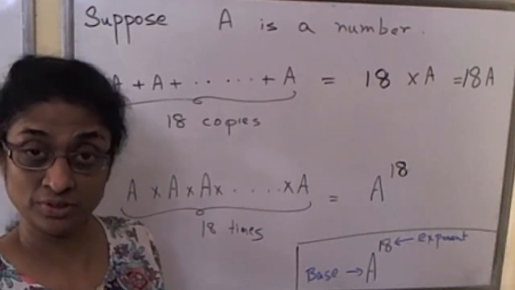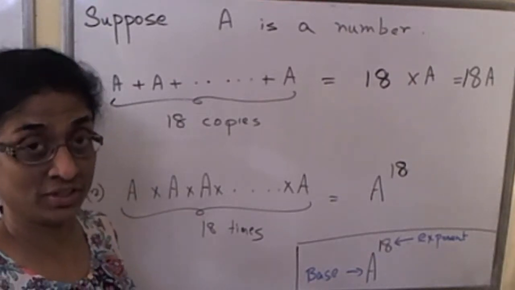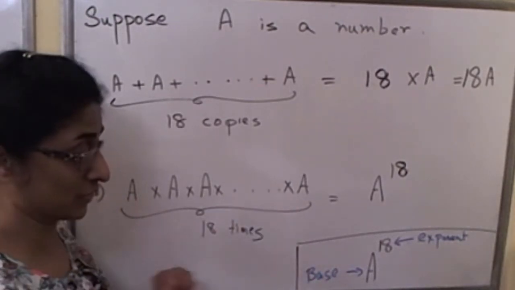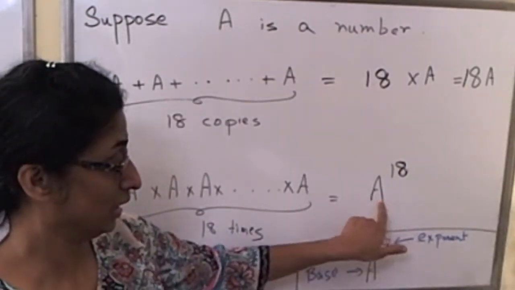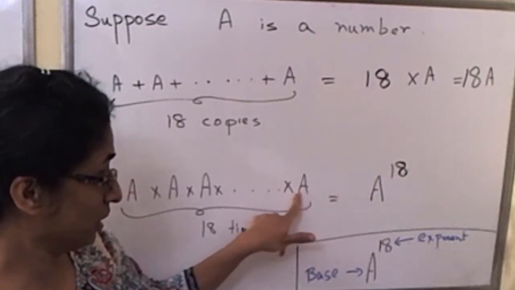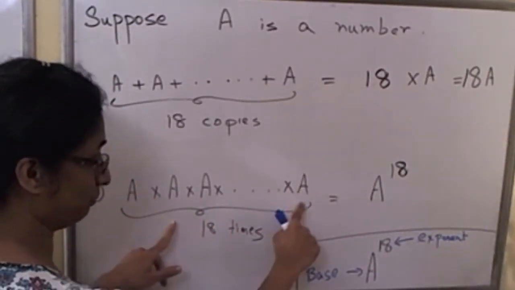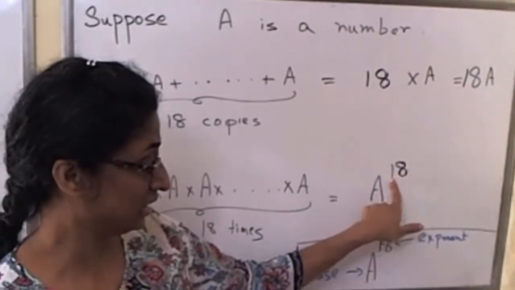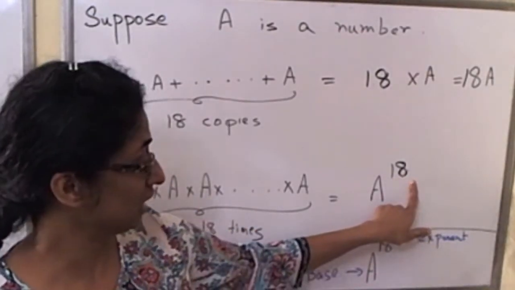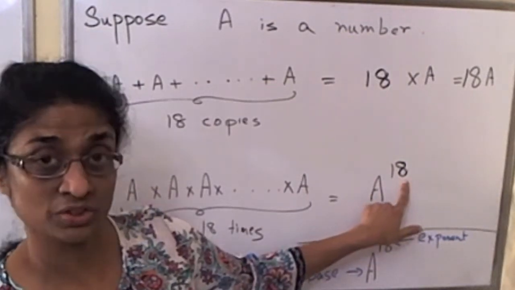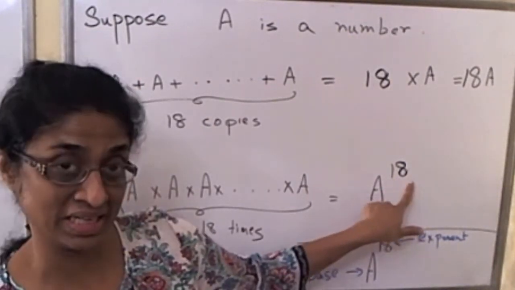And as we've discussed before, we have an exponential notation for a shorthand way of writing this, which is simply this. The number A that keeps getting multiplied, I write it there. How many times? 18. The 18 goes up here. We can read it as A raised to the power of 18, or simply A to the 18.